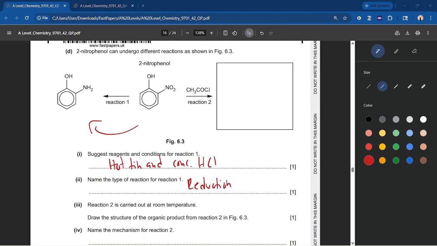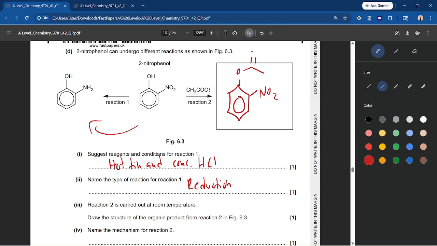Reaction 2 is carried out at room temperature. Draw the structure of the organic product formed from reaction 2 in figure 6.3. So draw the ring as usual, the NO2 that's over here, and this OH is replaced with the O, and you're going to give another over here, and this is going out of the box.